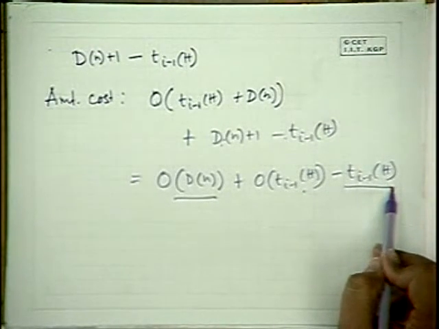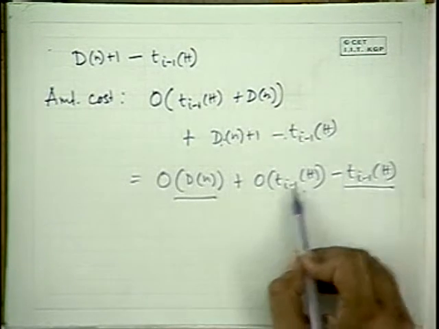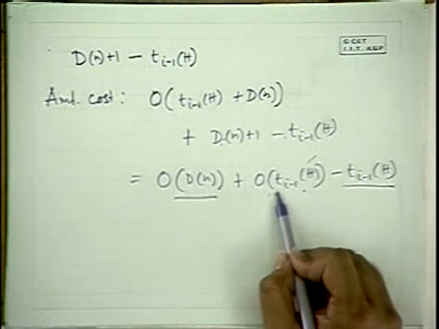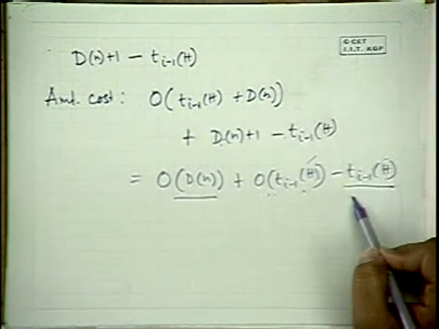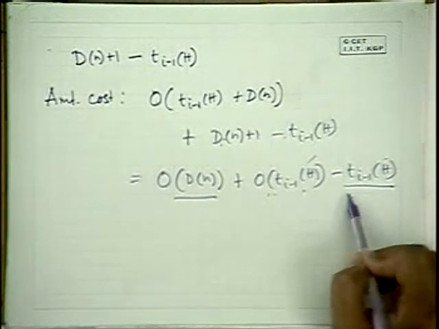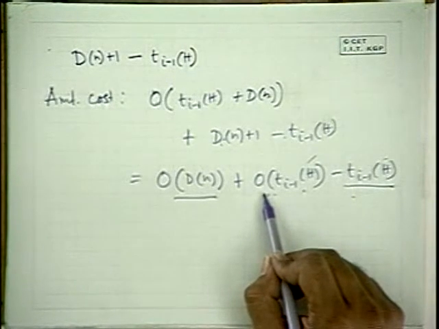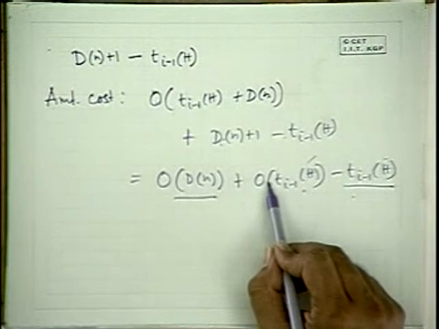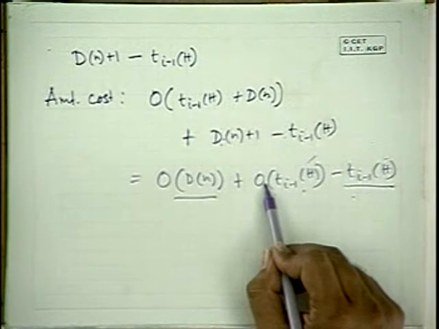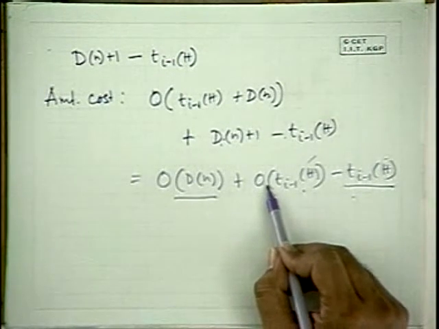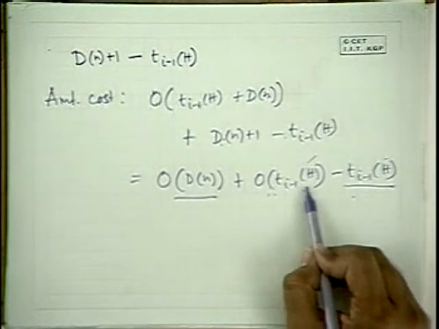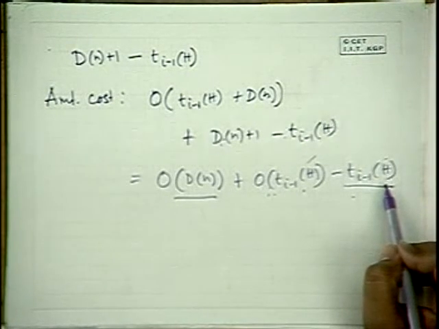Now, here is a trick. I can cancel this Ti minus 1 of h with this Ti minus 1 of h. You cannot do it straightforwardly because this is in the order term, so there is a constant here. Suppose the constant is, say, 5; you cannot cancel 5 times Ti minus 1 of h with a single Ti minus 1 of h.